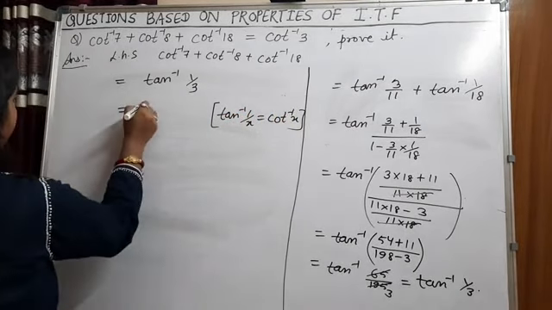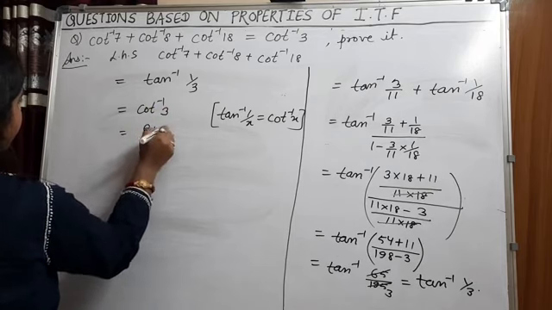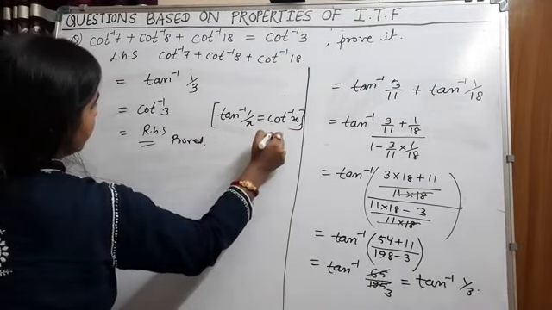So it is cot inverse 3, and this is the right hand side. Proved. Here x is greater than 0.